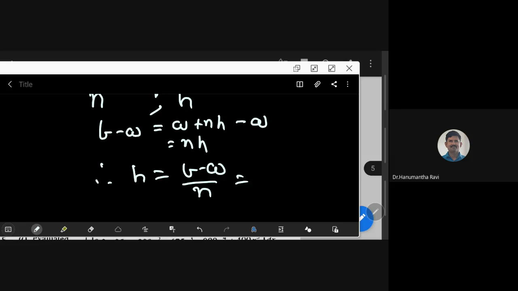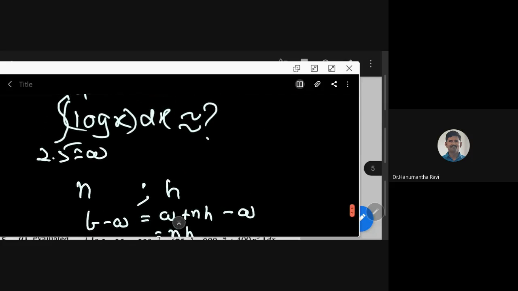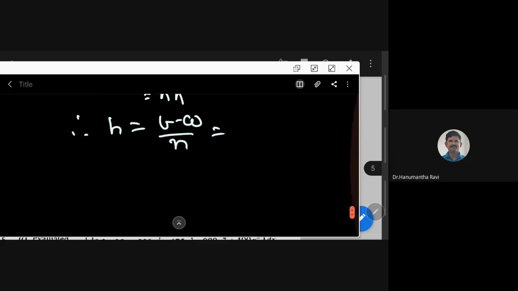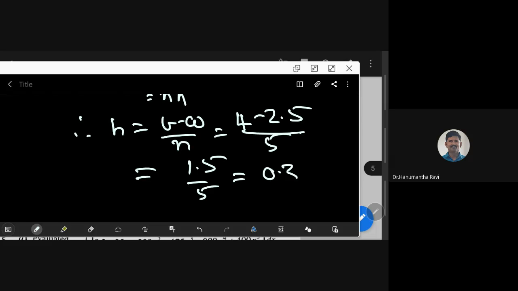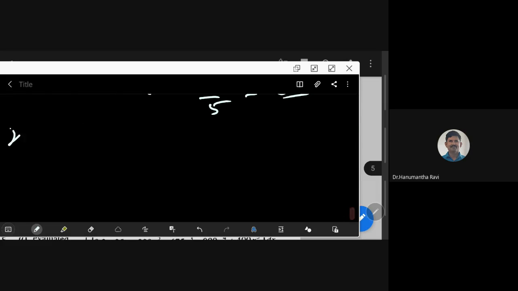So now what are b and a? b is 4, so 4 minus 2.5 by n. n is 5 because he is saying 5 subintervals. So 1.5 by 5 is 0.3. This is our h, 0.3. Now we prepare the table. x is x and y is log x.